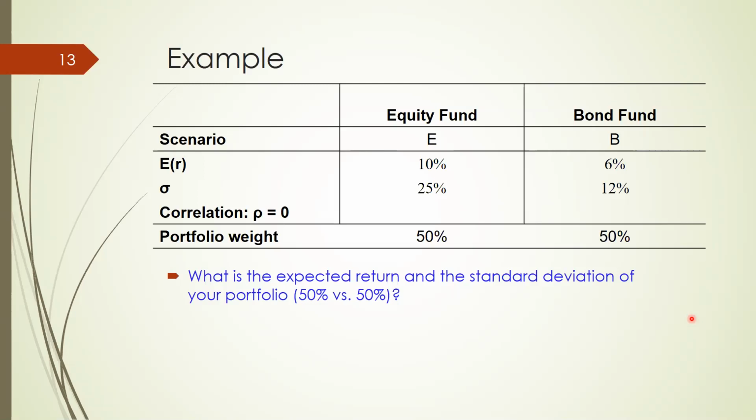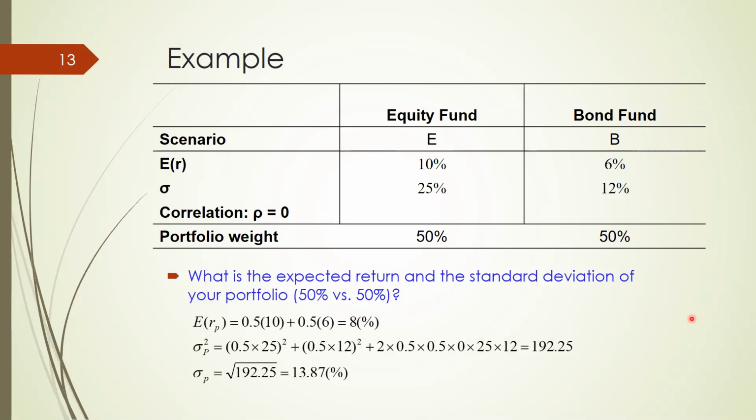What we need to do is to simply apply rules 2 and 3 for the two-stock portfolio to find out the answer. For the expected return, let's take a weighted average of the two expected returns, 10 and 6. That gives us 8%. So we have a 50-50 allocation, which gives us the average of the returns between the two.